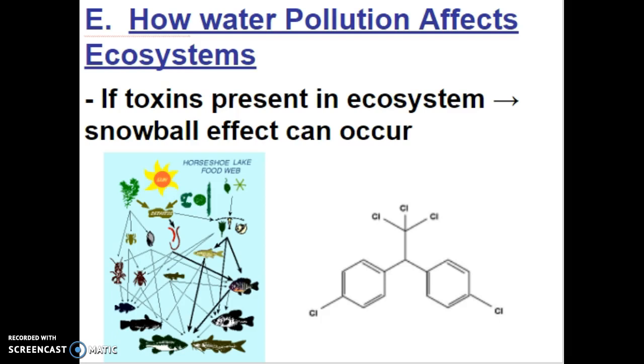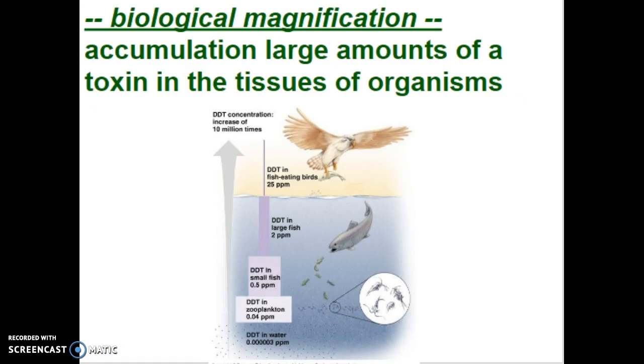However, the effects of DDT were very long lasting because DDT made its way through the food chain through what's called biological magnification. So when a small amount of DDT is present in an organism and another heterotroph comes by and eats it, that DDT will accumulate and magnify in that next organism. So the further up the food chain you are, the worse that can be for biological magnification.